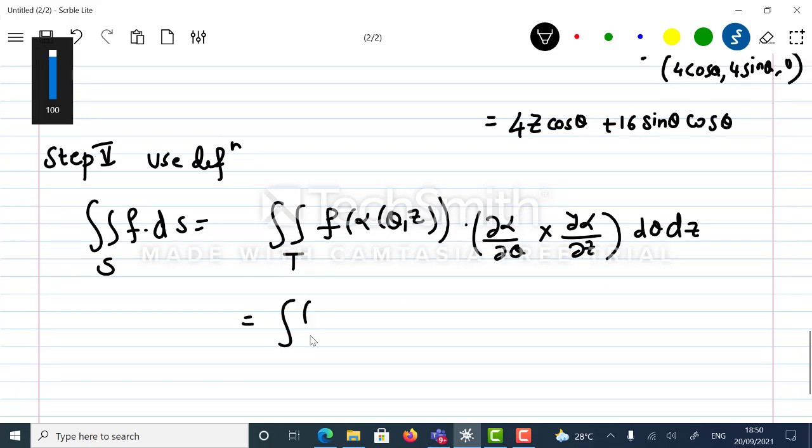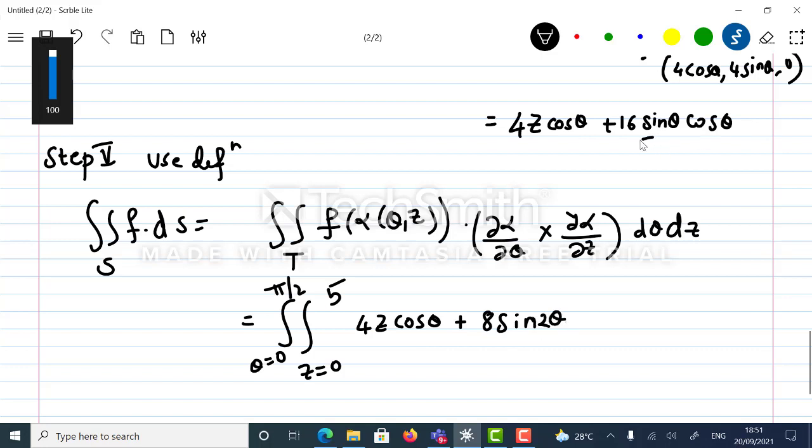So theta is from 0 to pi by 2, z is from 0 to 5, it is 4z cos theta plus 8 times sine 2 theta. Because 2 times sine theta cos theta is sine 2 theta, so 16 can be written as 2 into 8.